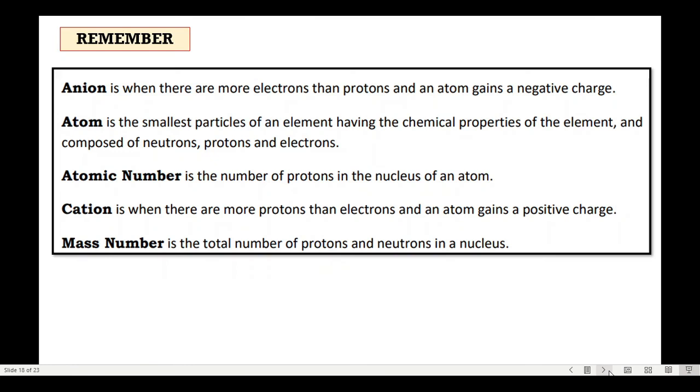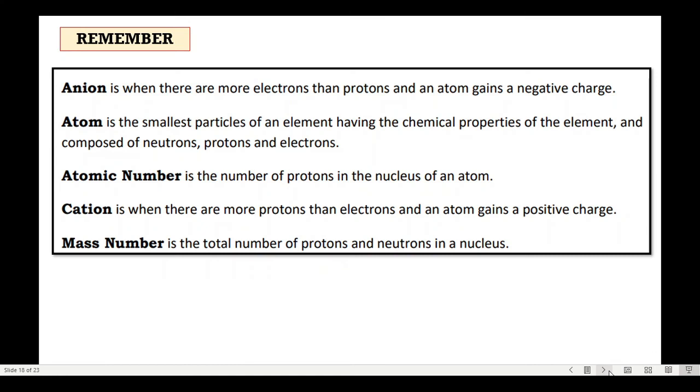So, next, cation. Cation happens when there are more protons, which are positively charged, than electrons. And atom gains a positive charge. So, bukod sa maraming proton na positive charge, kaya positively charged ang cation. Cation means you lose electrons. Okay, nag-lose ka ng electrons.